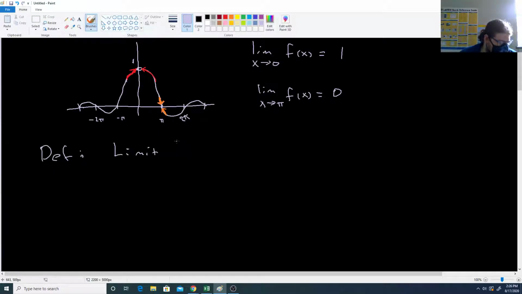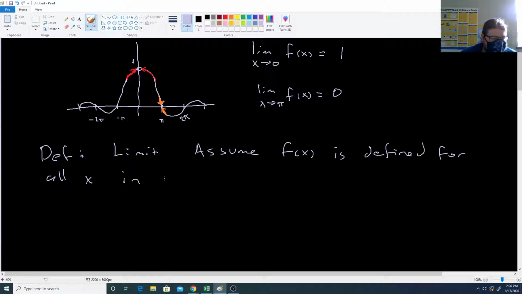We're going to assume f of x is defined for all x in an open interval containing c, but not necessarily at c itself.